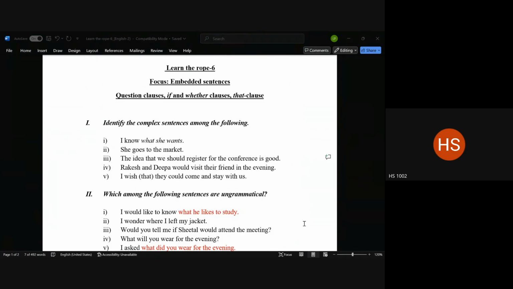Okay, now look at these two sentences. It's in your chat. The idea that we should register for the conference is good. The idea that we should register for the conference, which was proposed by the professor, is good. Do you see the difference? So you have added one additional subordinate clause here. Which one is that?